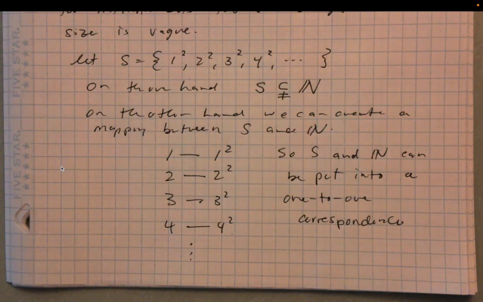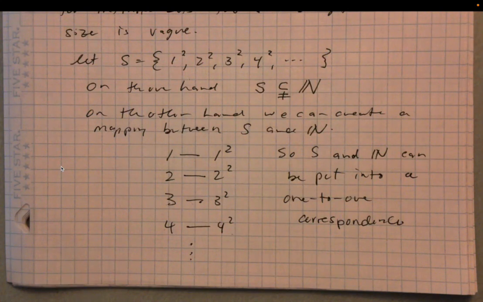Well, it was Georg Cantor, a very famous mathematician, one of the most profound thinkers in all of mathematics, in my opinion. It was Cantor who first delved into and investigated this notion of varying sizes of infinite sets.